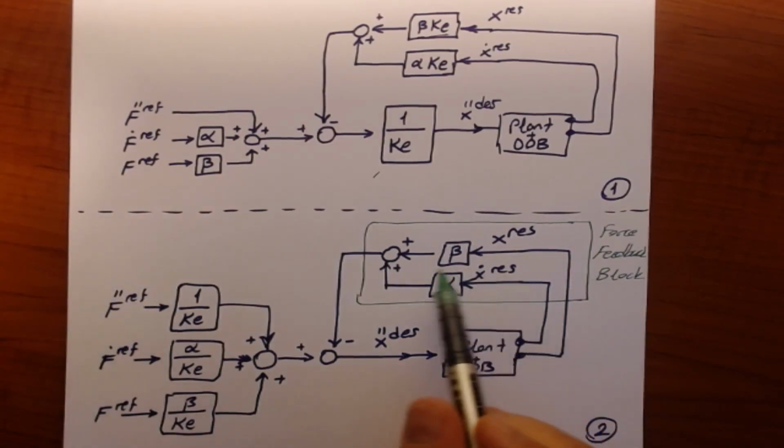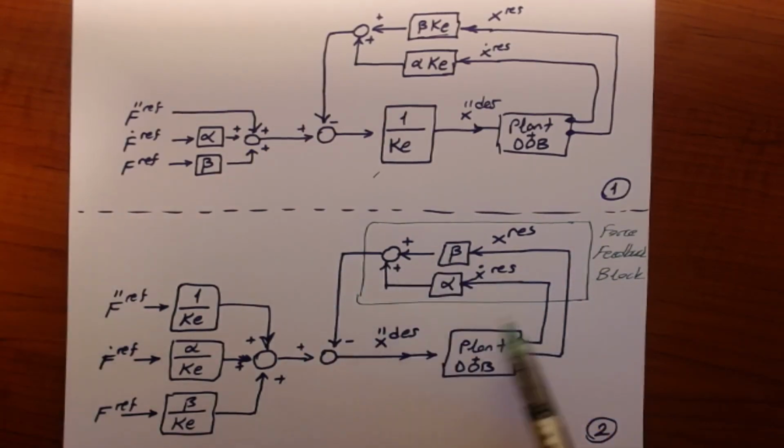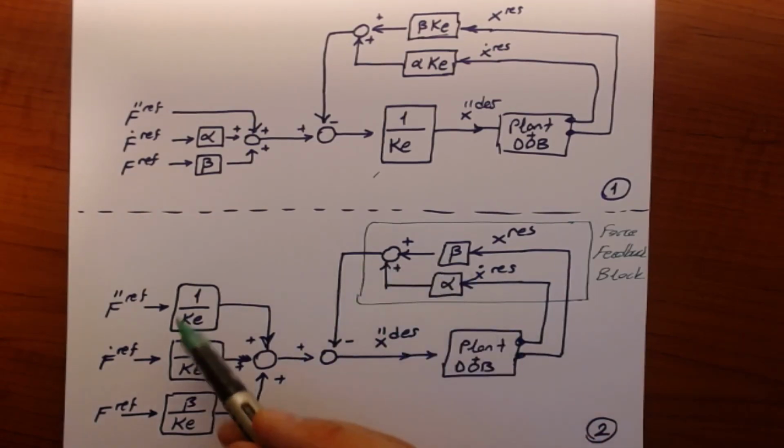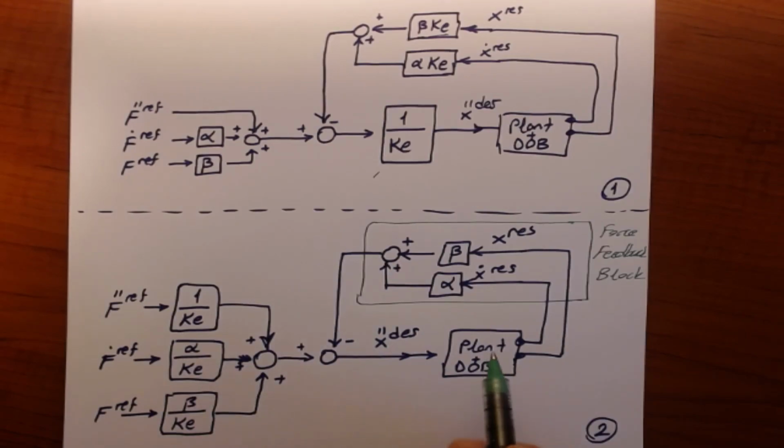So that is the force feedback block from your system, and that is your reference, and this is the desired acceleration to carry out, to trace the given or the desired force reference. There is a specific goal why I moved to this structure.